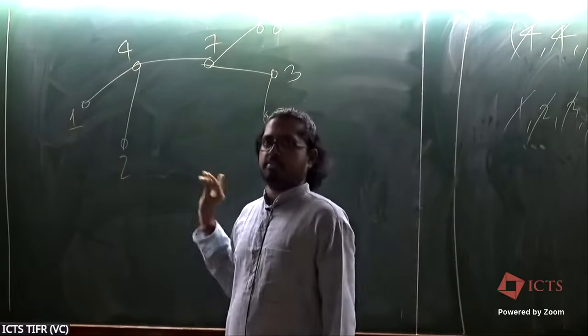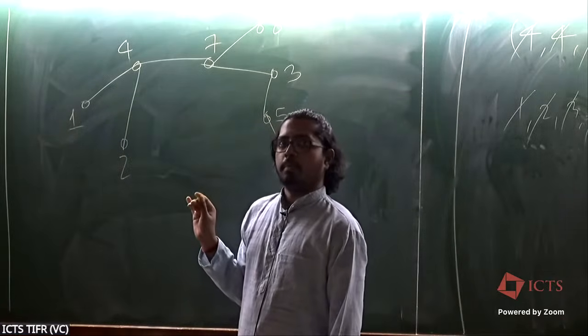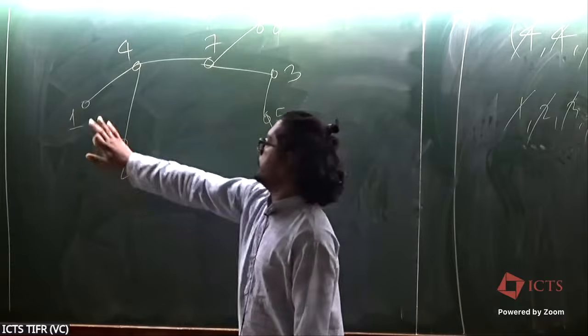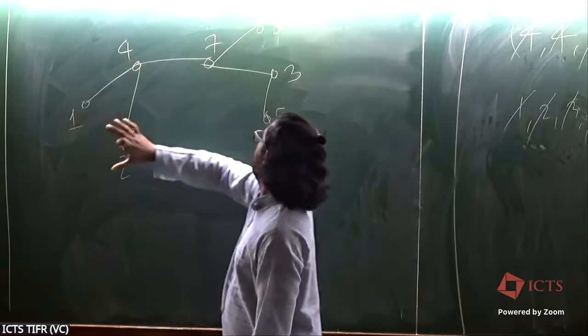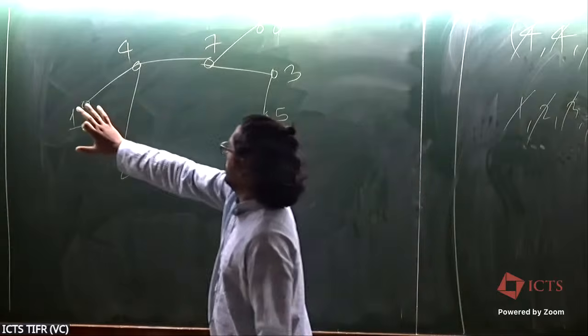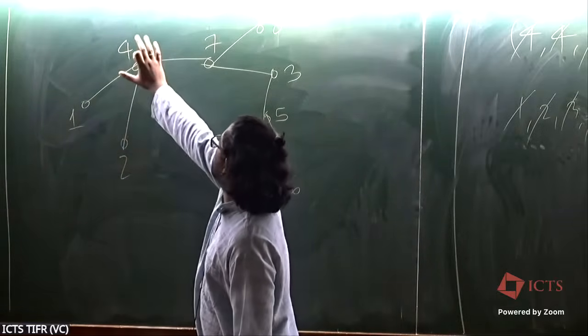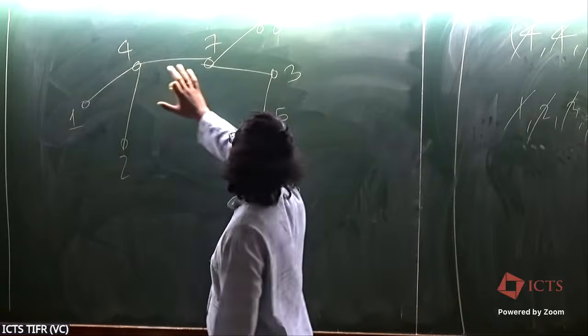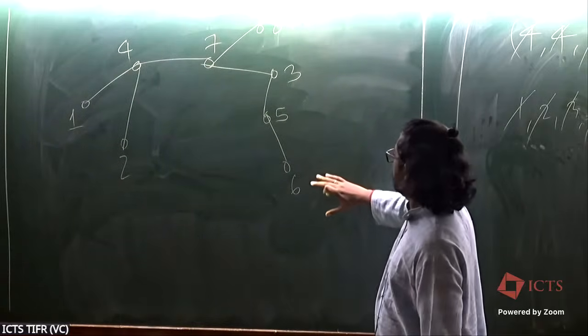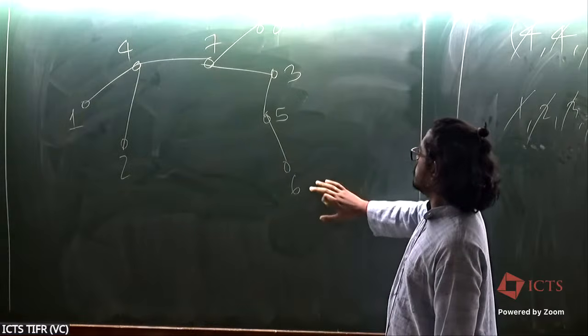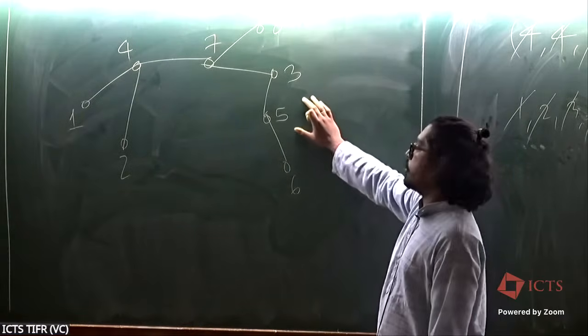Then I'll delete the leaf. So I recorded 4, I deleted this. Then I recorded 4, I deleted this. Then I recorded 7 and deleted this. Now among 8 and 6, the smallest label is 6, right? So then I recorded 5.